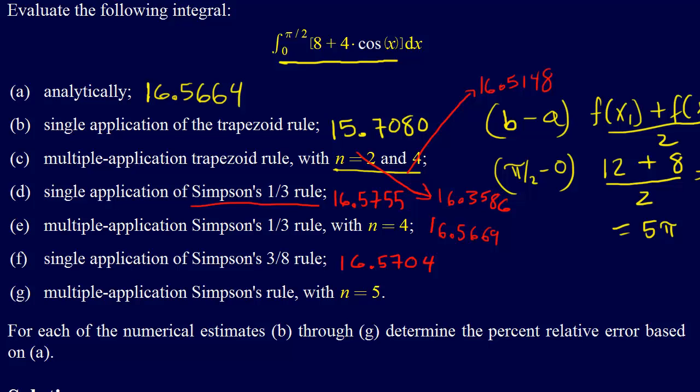But what we can do, and perhaps this is what they're looking for, is put together an application of Simpson's 1/3 rule with an application of Simpson's 3/8 rule. Because a single application of Simpson's 1/3 rule is 2 segments, and a single application of Simpson's 3/8 rule is 3 more segments, for the 5 segments that they're asking for. And so let's go ahead and do it that way.